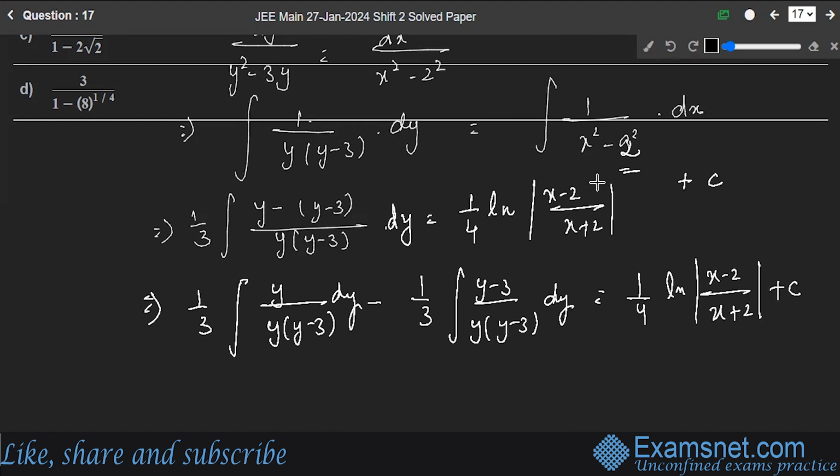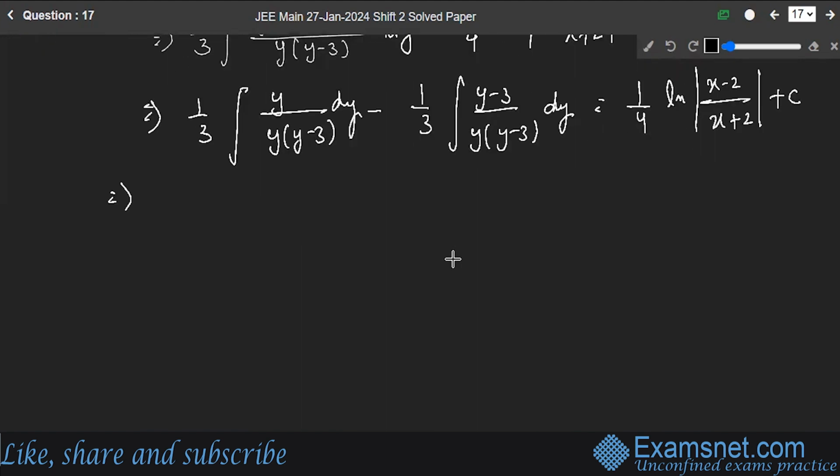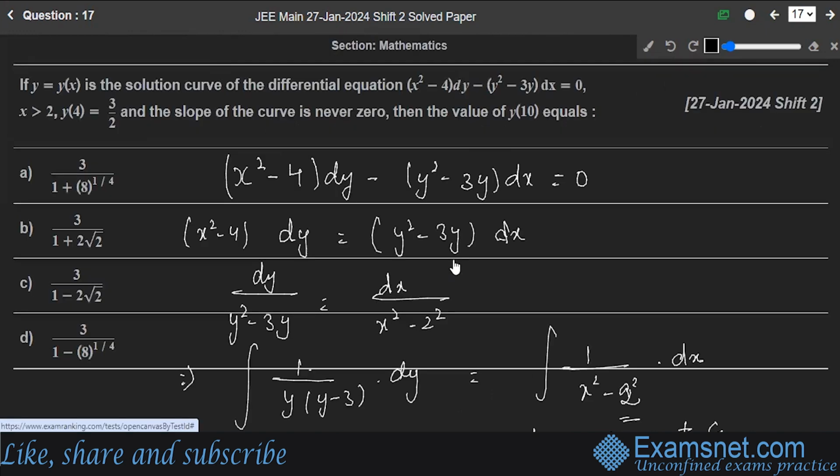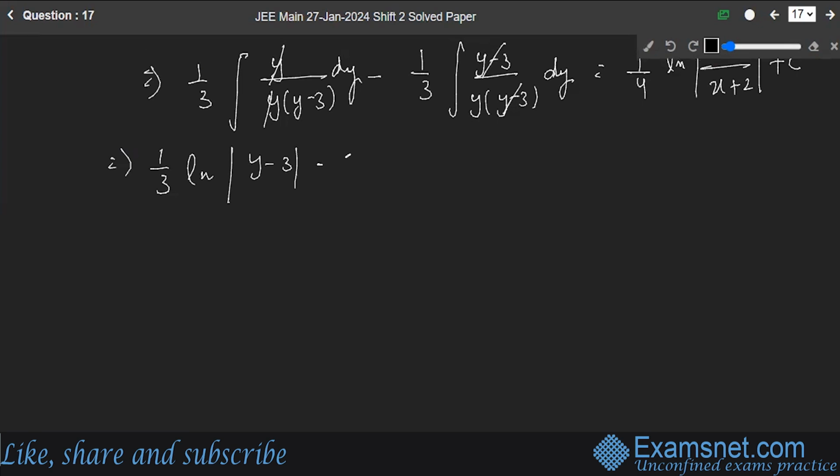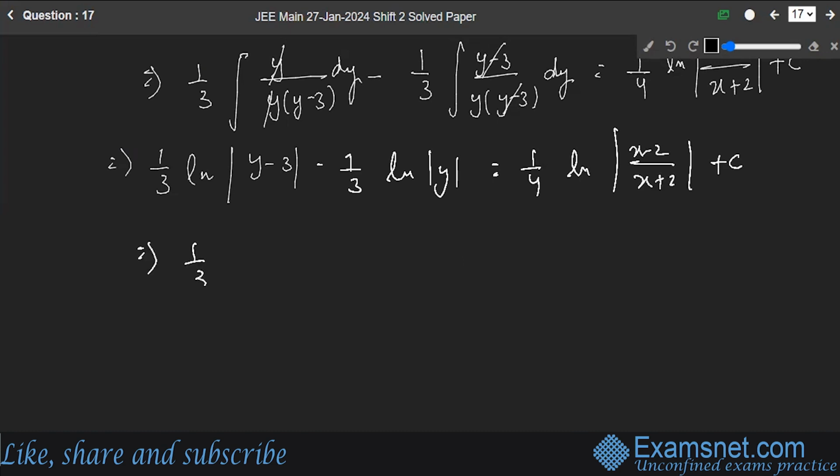Now the sum is very easy. Here y and y will cancel, and this and this will cancel. So this will be 1/3 log of (y minus 3) minus 1/3 log y is equal to 1/4 log of (x minus 2)/(x plus 2) plus c. I'm combining both of them: 1/3 log of (y minus 3)/y is equal to this.